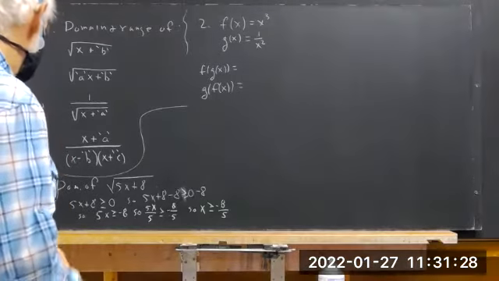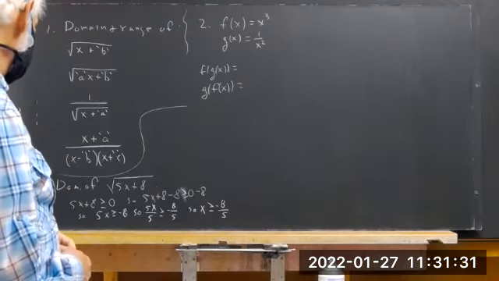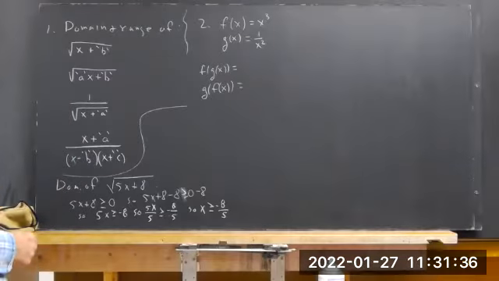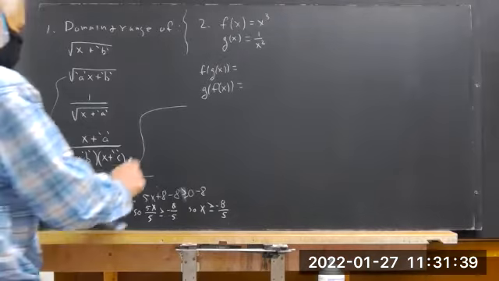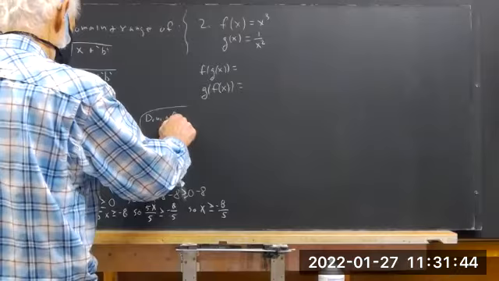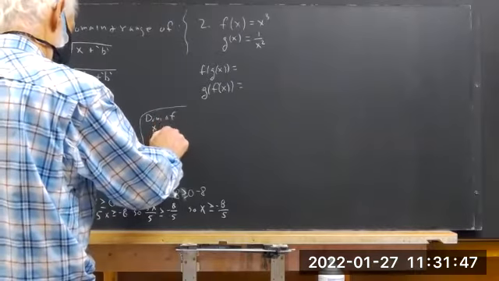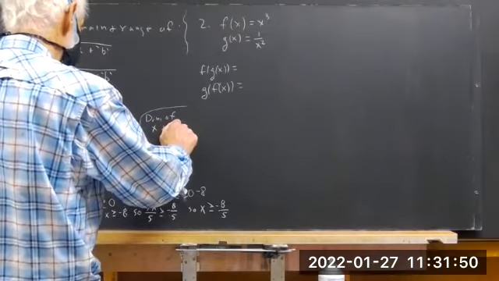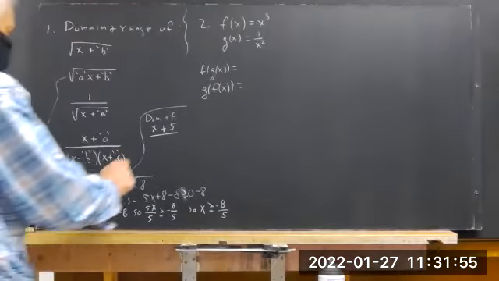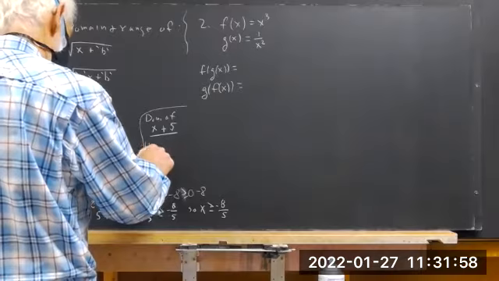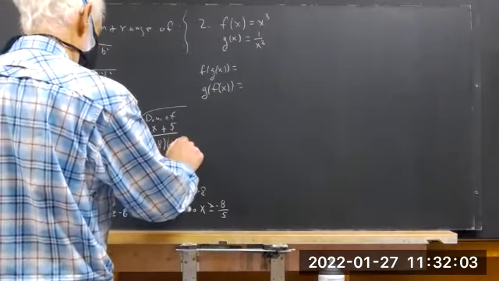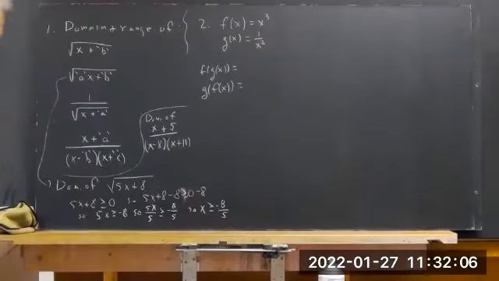Now, for this one, domain of x plus 5 over the quantity x minus 8 times x plus 11, let's say, if those were my numbers.